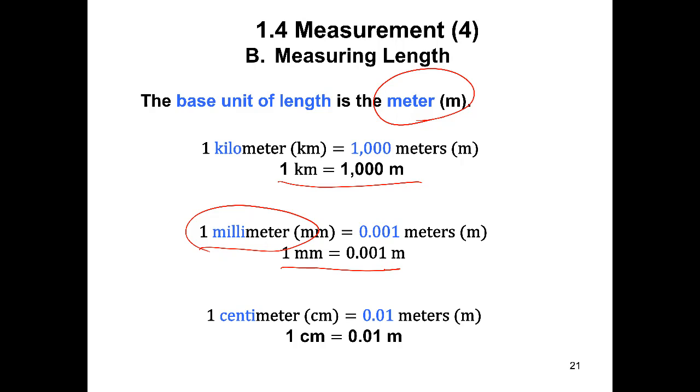Or the other way to think about that is you have 1,000 millimeters in 1 meter. Since centi is 0.01, you have 1 centimeter in 0.01 meters, or that's the same as saying you have 100 centimeters in 1 meter. Okay, so whichever way you want to think about it, I like whole numbers, so that's why I kind of look at it the other way.